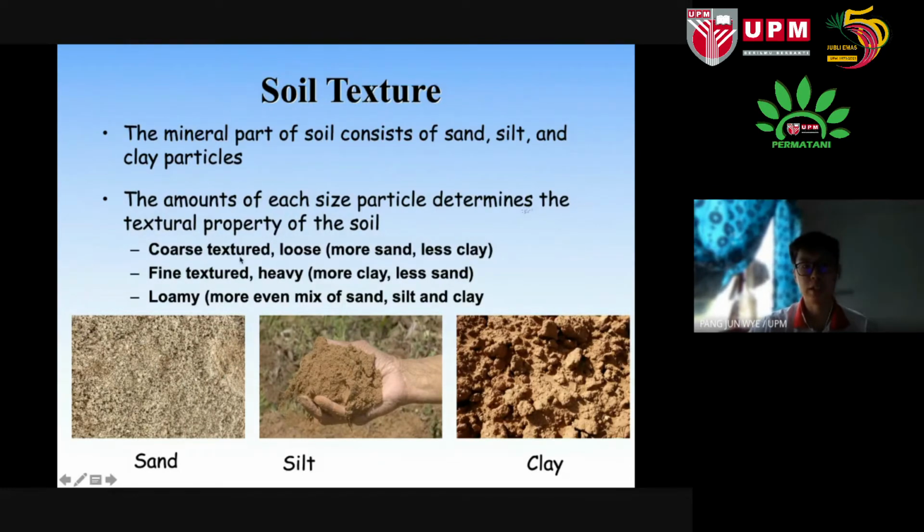Sand usually has a coarse texture, also known as loose, which is more sand, less clay. As you can see in the picture I've given, if we look carefully, the sand only consists of a little clay and more sand.